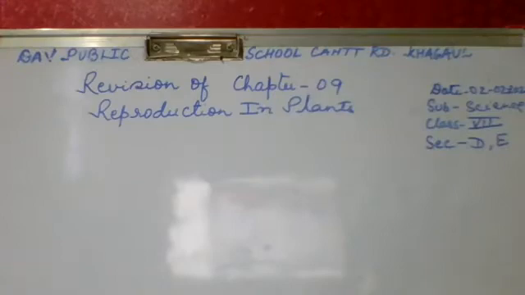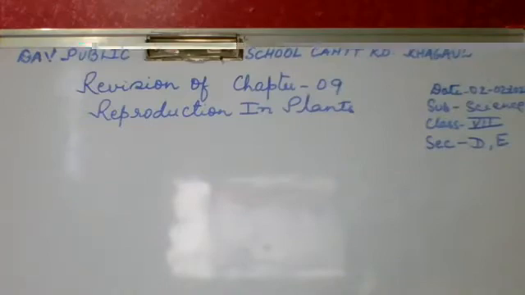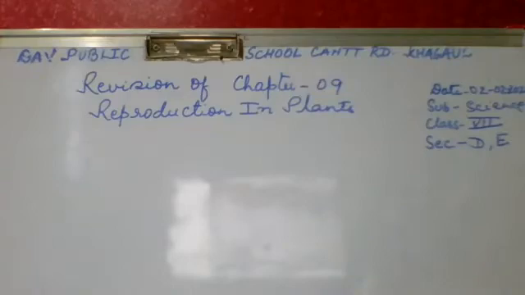Ma'am, petals give fragrance and also attract insects for pollination. It is correct, children. You are going correctly that petals give fragrance and also attract insects for pollination. You will just answer like this. That will be sufficient.